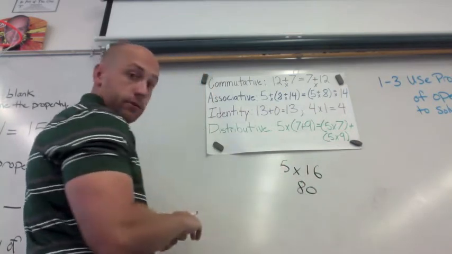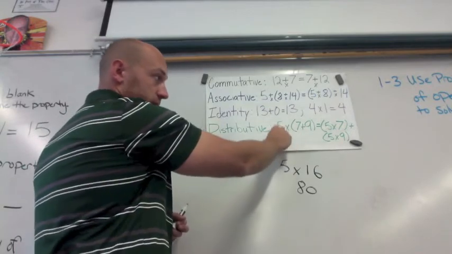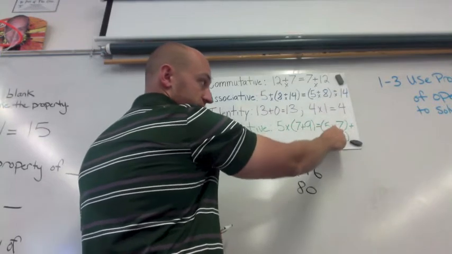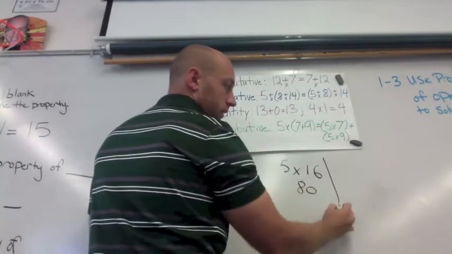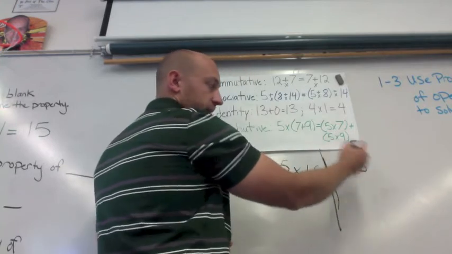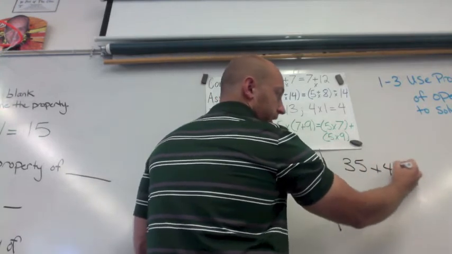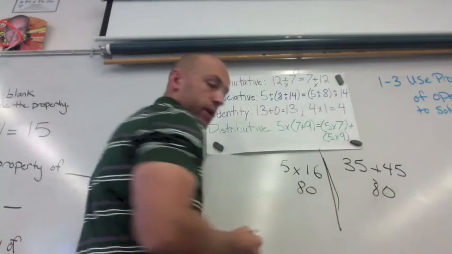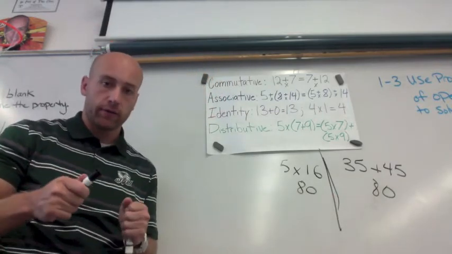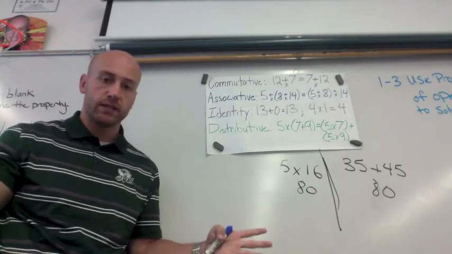But if you wanted to, you could multiply 5 times 7 and then 5 times 9. You distribute. 5 times 7 is 35, and then 5 times 9 is 45, and you still get 80. It doesn't matter. The reason we use this one is chunking, to make big multiplication problems easier.